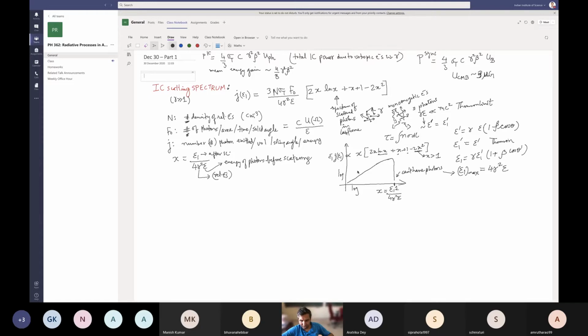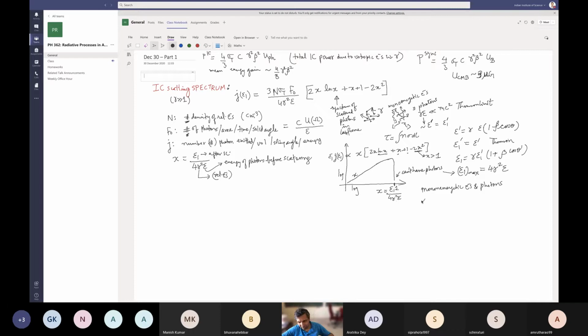And then this is proportional to x here, and this is for monoenergetic electrons and photons. Recall, for synchrotron emission we did almost the same thing.